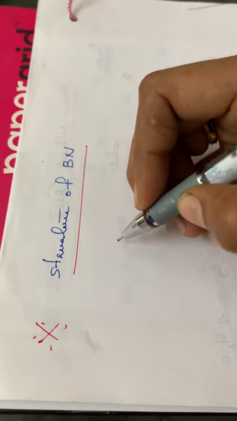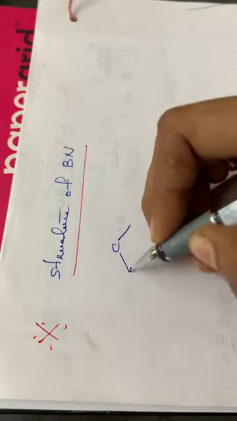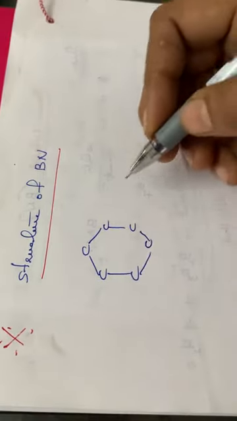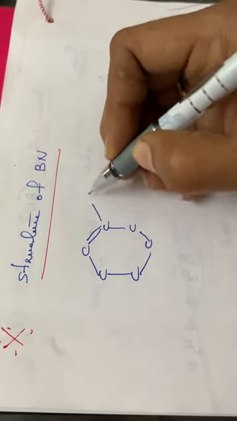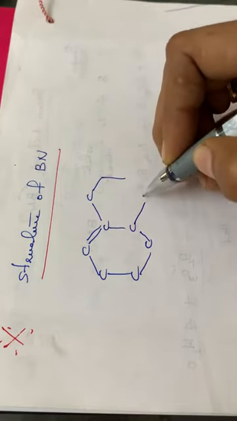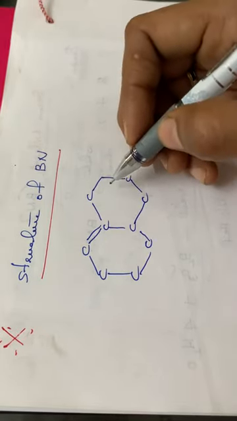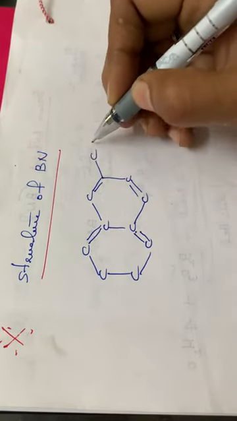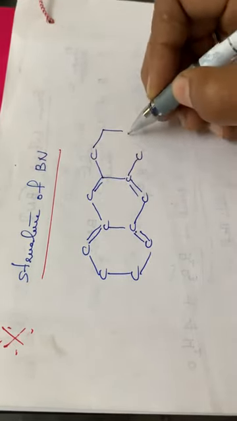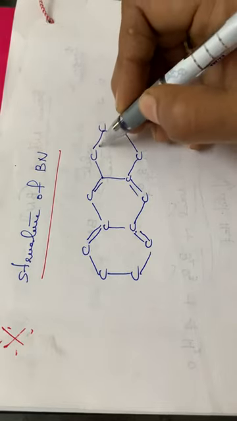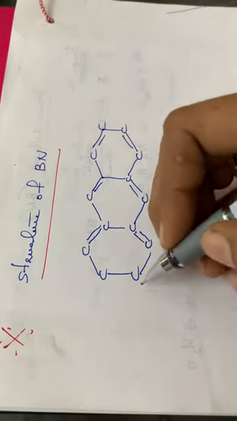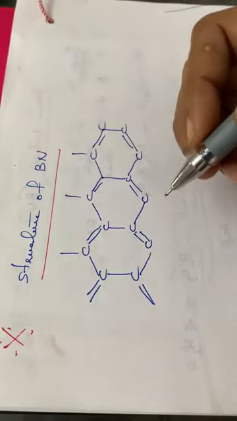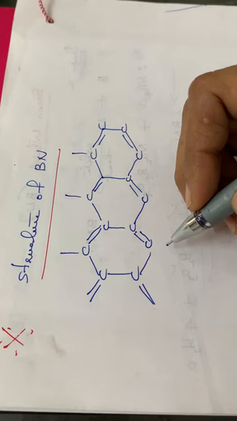See, the structure of graphite, it is like this: carbon. See, this is the structure of carbon, graphite.